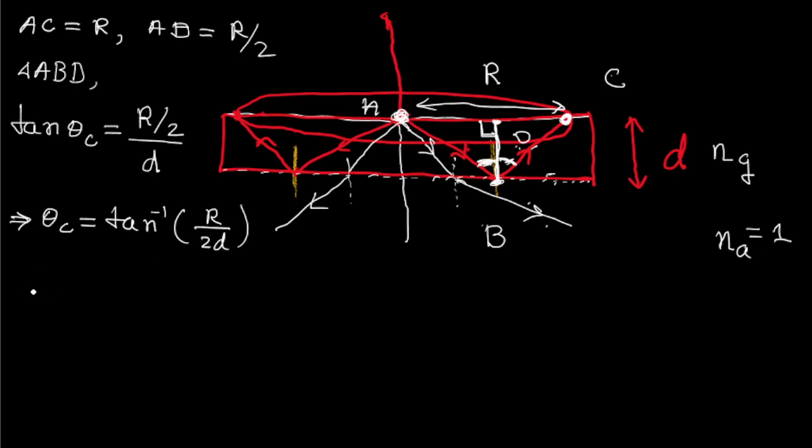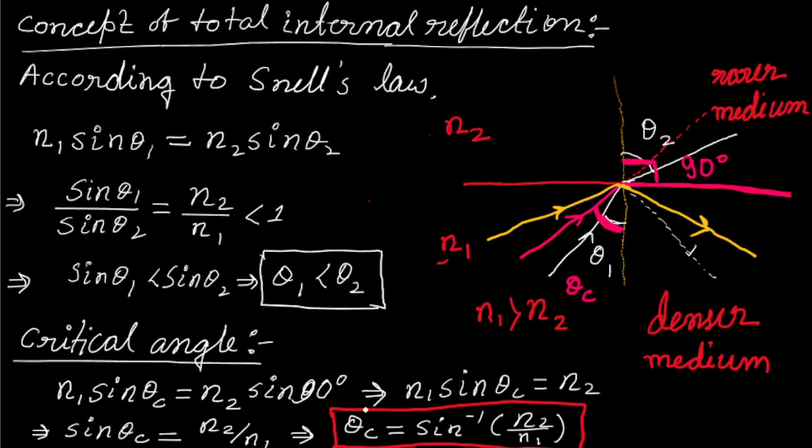And then, according to the definition of critical angle that we have already learned on the previous page, where we have written that theta c for the interface of two media is sine inverse of n2 by n1, where n2 is the refractive index of the rarer medium and n1 is the refractive index of the denser medium.